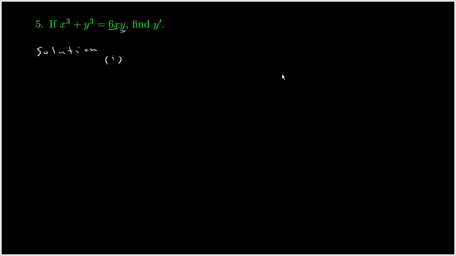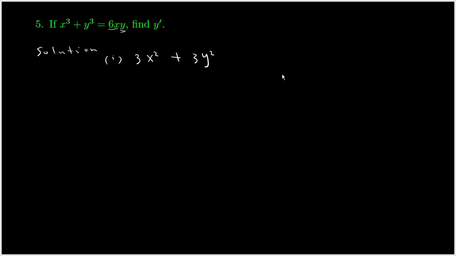In step 1, the same thing. We differentiate the equation with respect to x, and more importantly, treating y as a function of x. You have seen how to differentiate the first two terms. You have 3x squared, the derivative of the first term, and then plus, differentiate y cubed first with respect to y, so that's 3 times y squared.